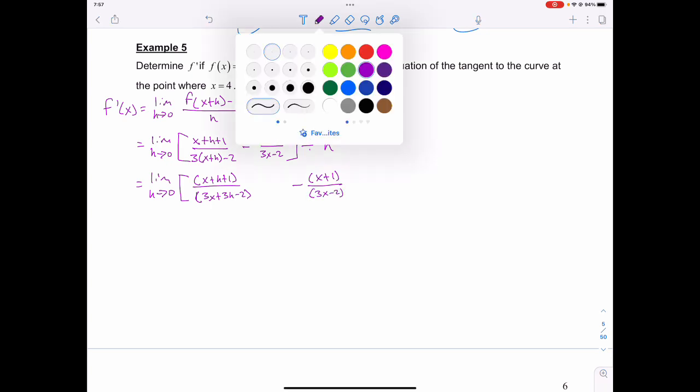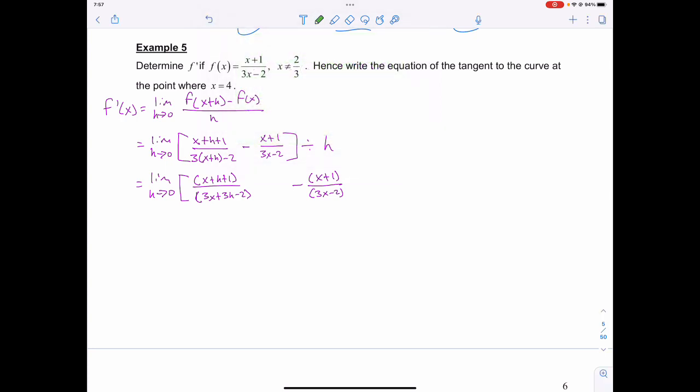They're completely different factors in the numerator, so I'm going to multiply the first set by the denominator of the second, 3x minus 2. And the second, I'm going to do the denominator of the first one, 3x plus 3h minus 2. And this is all still divided by h or multiplied by 1 over h.